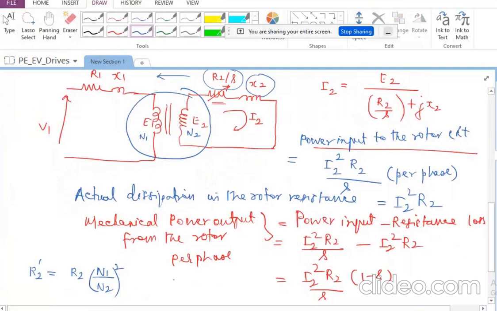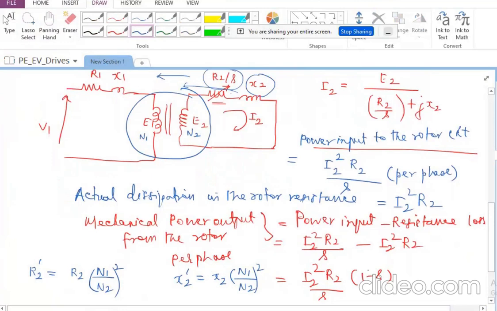The same way, X2 dash, if I transfer this leakage reactance to the other side, then I should say X2 dash equal to X2 original value on the secondary side multiplied by N1 divided by N2 the whole square.